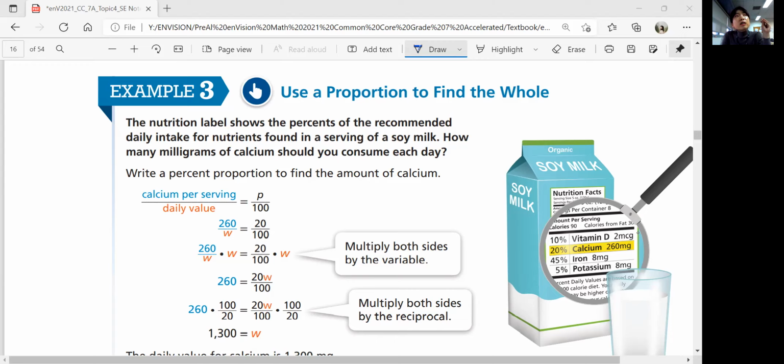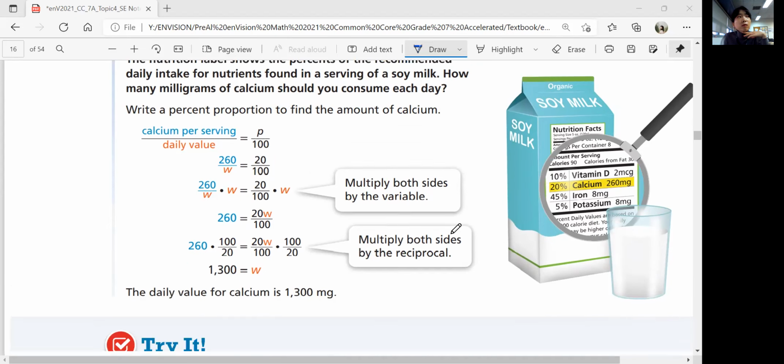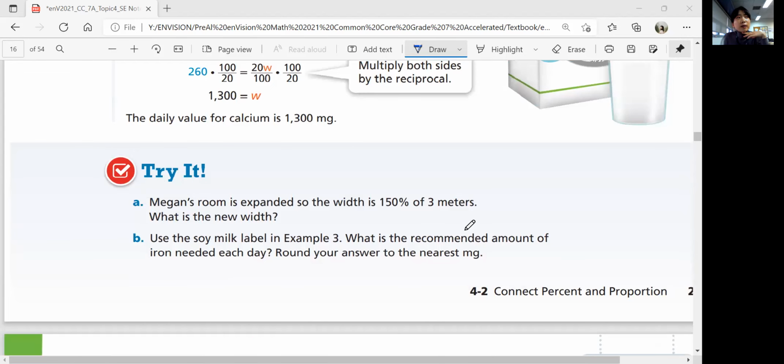Then solve that proportion for W, and W is 1,300 milligrams. That sounds like a lot, but it's not really. A milligram is really small. So our daily intake for calcium would be 1,300 milligrams.